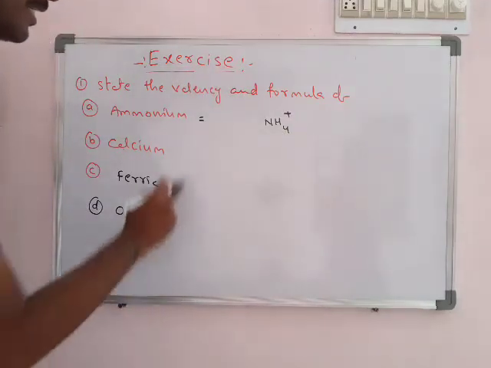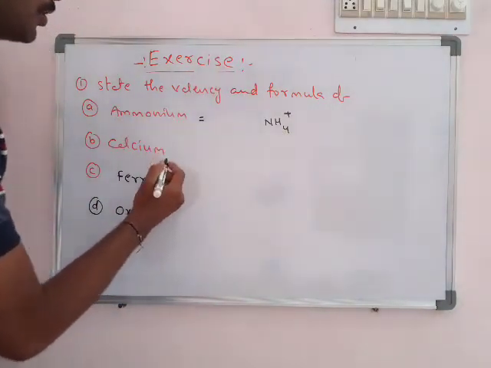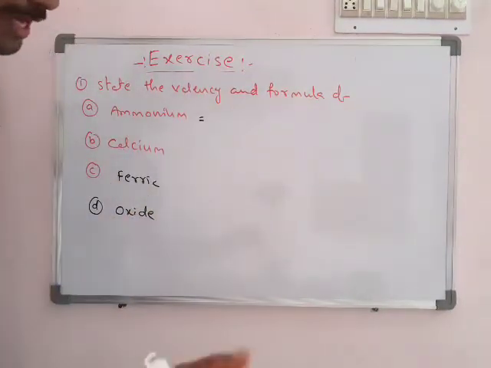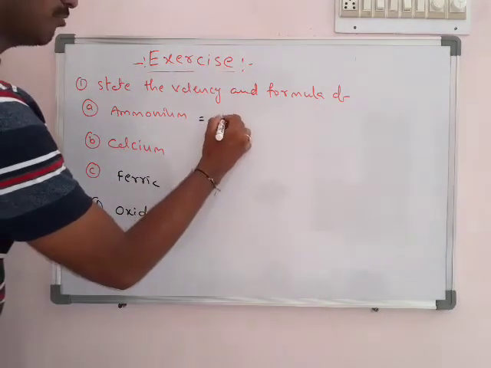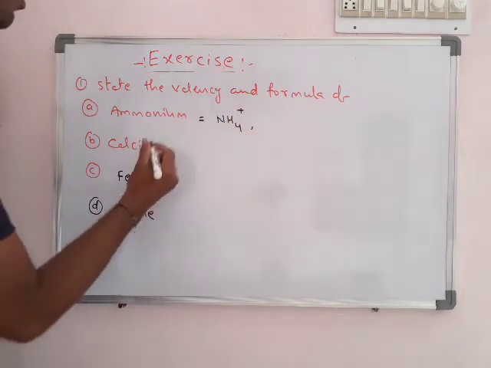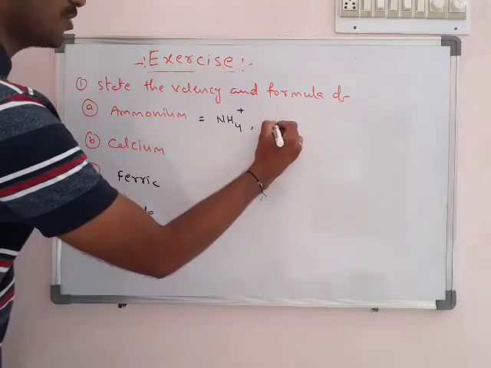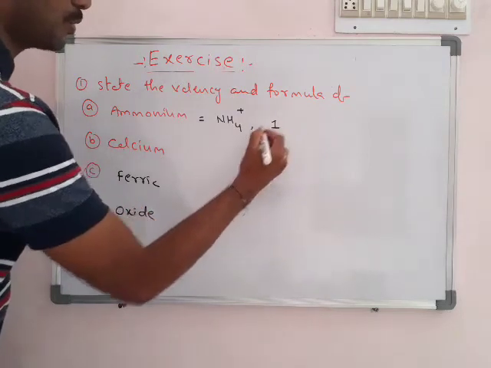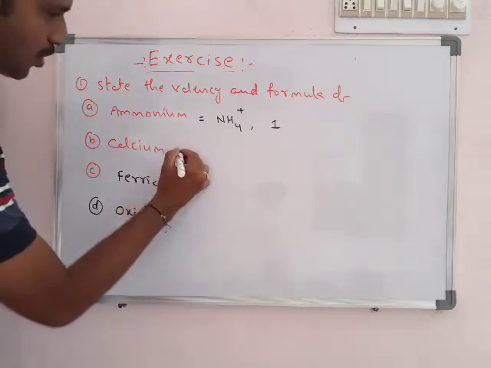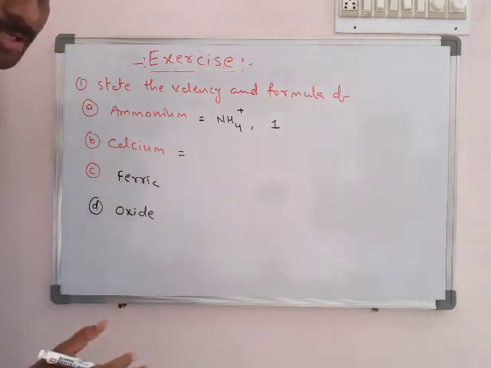That will be treated as its valency. By knowing the formula, we are able to write the valency. So the formula of ammonium is NH4 plus, and the valency is 1. No need to write the symbol, just write the 1. Already these are all present in your notes, but I am revising.